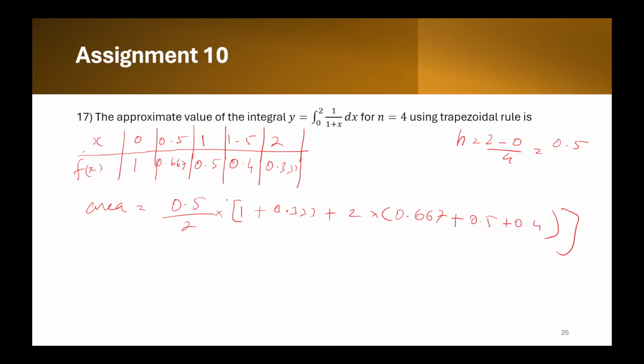You need to compute the value using the calculator: 1 plus 0.333 plus 2 into 0.667 plus 0.5 plus 0.4, which gives 1.11675. This is the value.